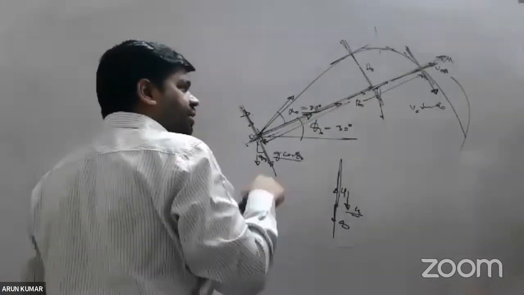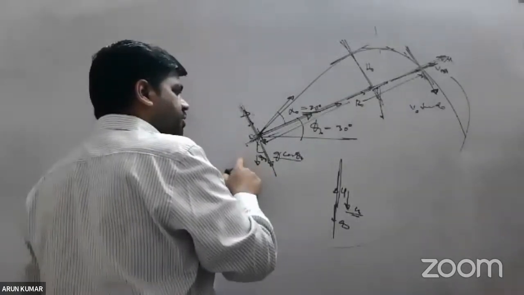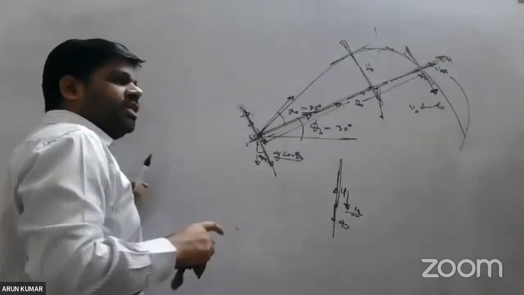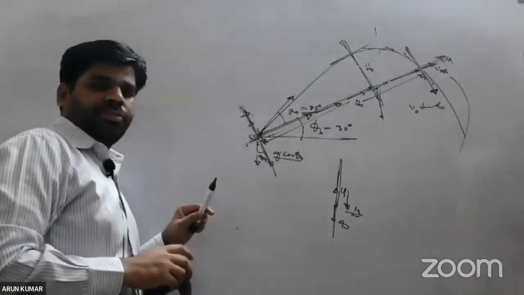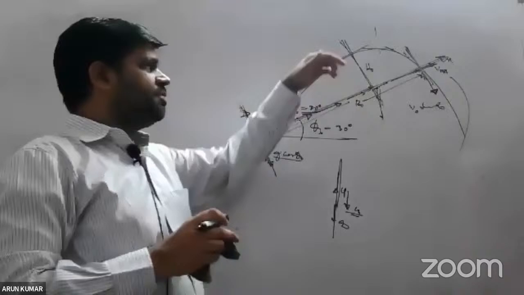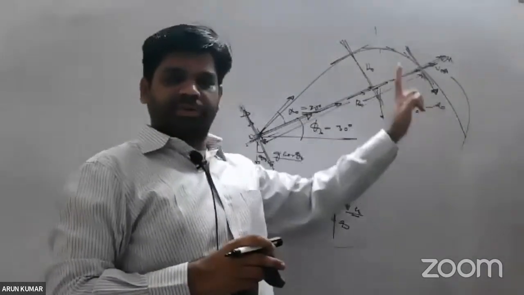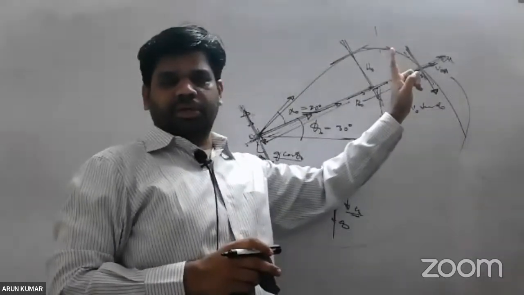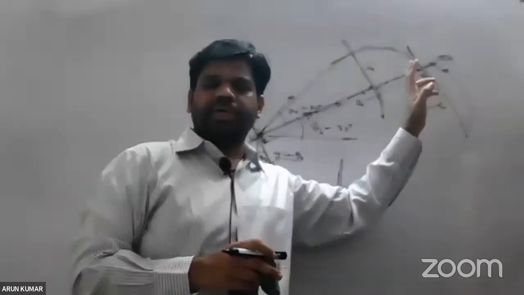All right. I have to find out the time after which it will return to the point of launch, presuming the collision is elastic. Presuming the collision is elastic, that means if it hits with speed 2 meters per second, it will rebound with speed 2 meters per second. All right? If it hits perpendicularly, it will rebound perpendicularly.